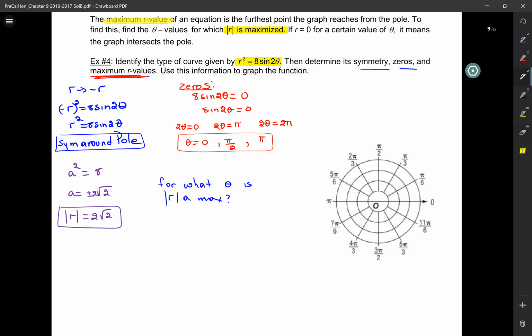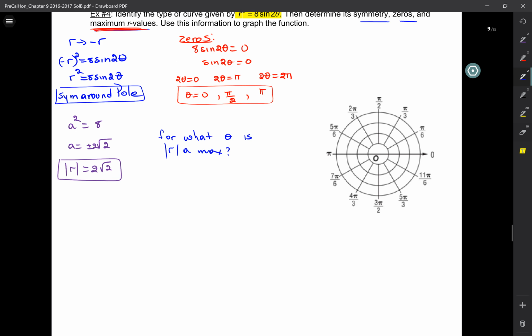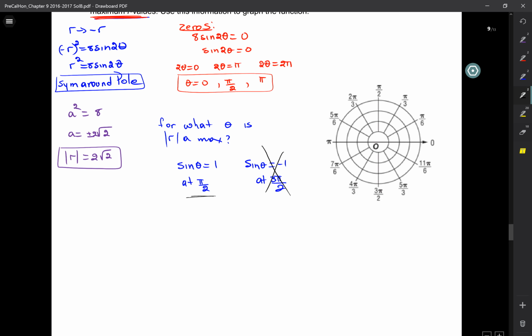Is it ever going to be negative? No. So sine of theta is equal to 1 at pi over 2. Sine of theta is equal to negative 1 at 3 pi over 2. But do we want the negative 1 value? We don't, because we don't want our equation to ever be negative. Since it's R squared, it's always got to be positive. So the value where this happens is theta equals pi over 2.